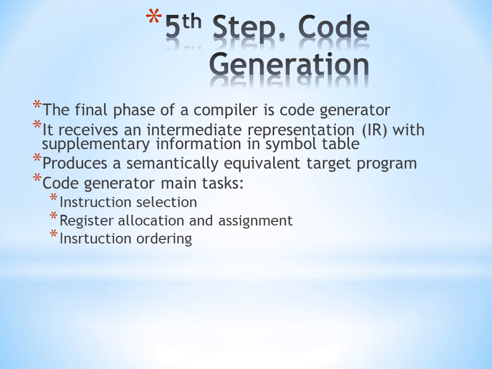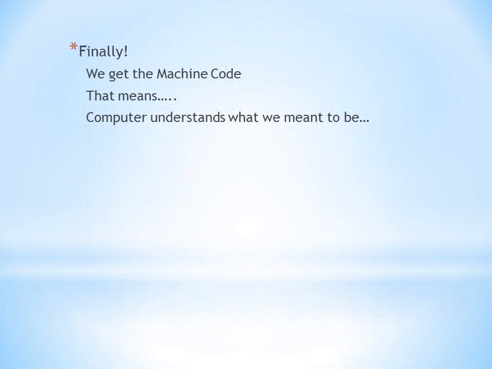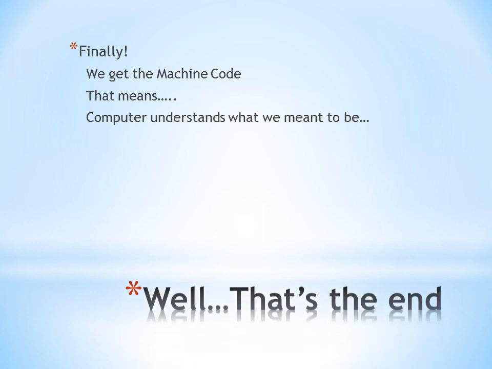The main tasks of a code generator are instruction selection, register allocation and assignment, and instruction ordering. Finally, we get the machine code after code generation. That means the computer understands what we meant it to do.